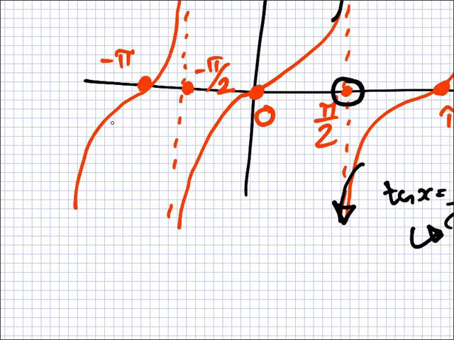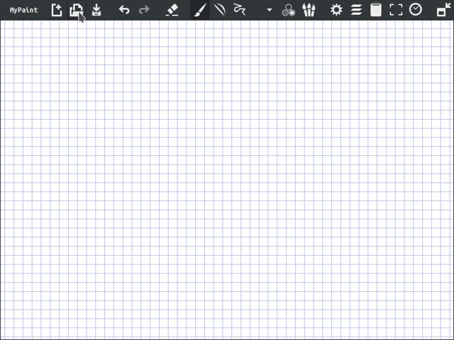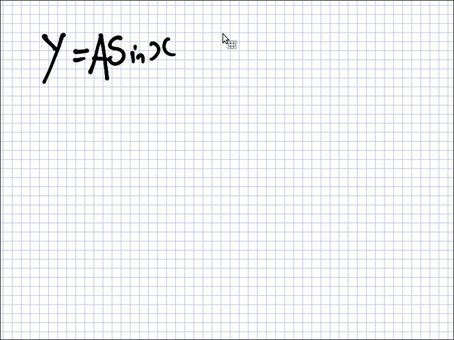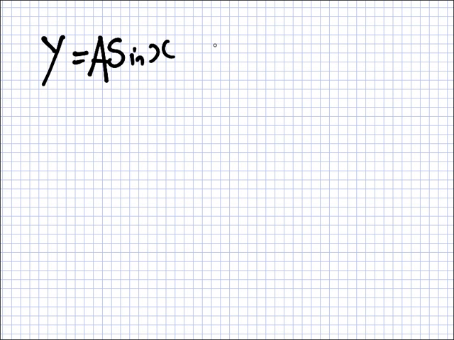Right. So, let's use sine as an example. If I want to draw sine x, except make a slight change to it, I put a constant in front of the sine. What happens to the graph?